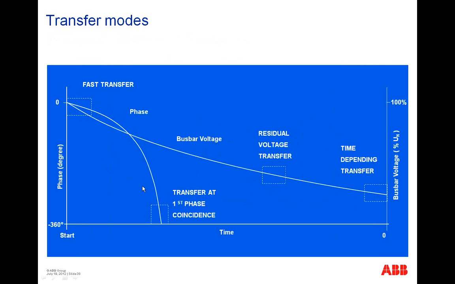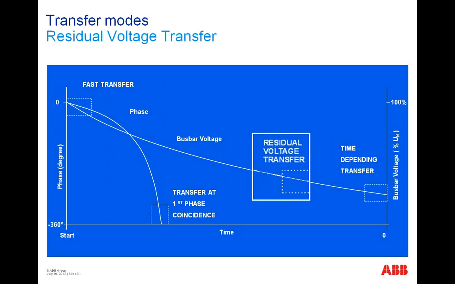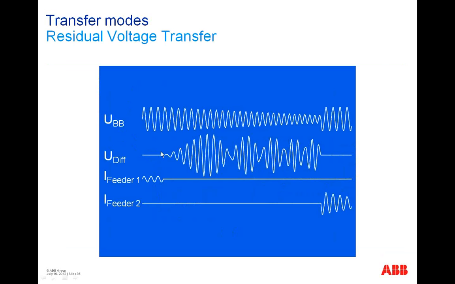So if the fast transfer mode is not possible, then the device tries to perform in first phase coincidence. In some cases, the voltage on the disconnected bus bar looks like this.